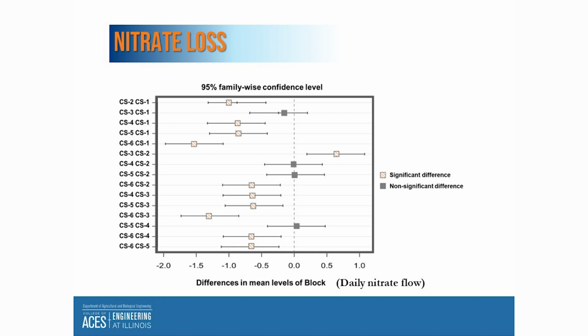Then we also looked at whether there is any difference in the soil nitrate level. Because as we see, the response was different in terms of drainage and nitrate in the tile, we also wanted to see whether there is some variability in the soil nitrate in the field as well.